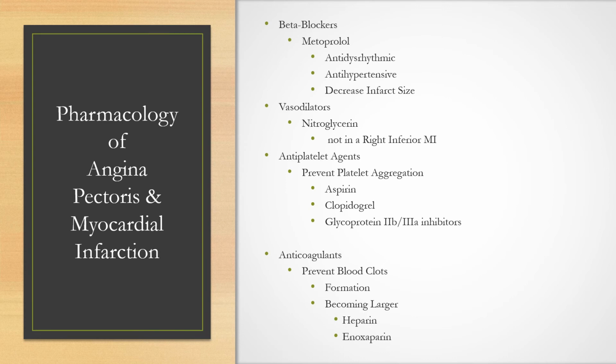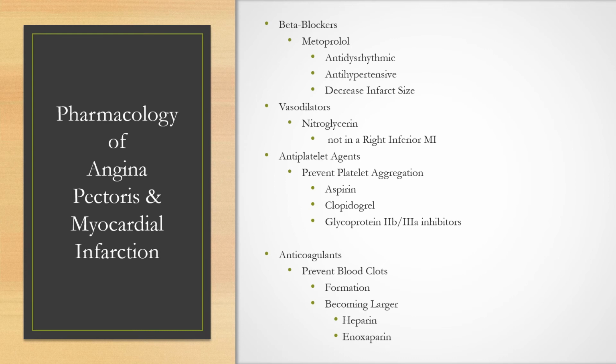Okay, let's go on a bit more. Somebody comes in with unstable angina or a myocardial infarction. Okay, acute coronary syndrome is the umbrella. What can we do for them? Well, typically when someone comes in with unstable angina or a myocardial infarction and we've diagnosed it in the emergency room, we're going to get those antiplatelet agents on board.